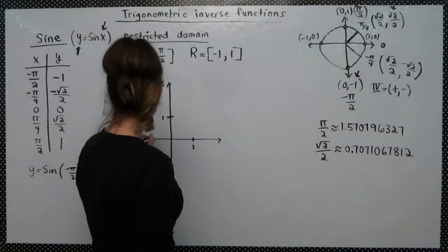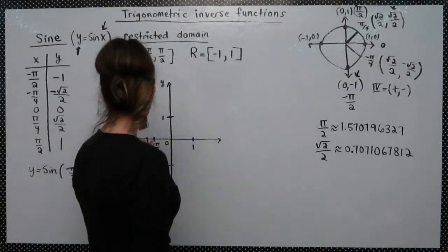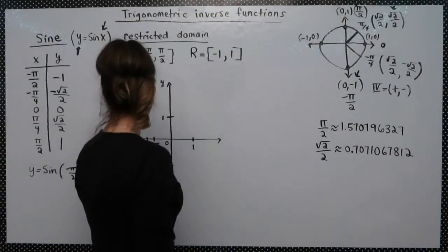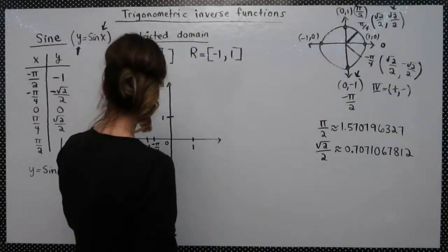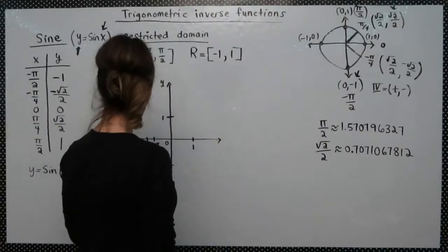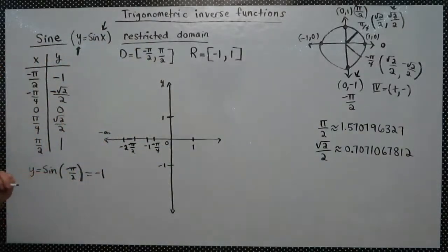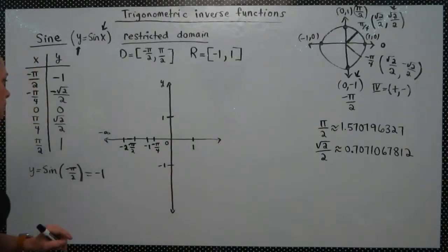So we're just going to put pi over 4 right in here. Negative pi over 4. And then we have our 0 point. And then we'll skip that one over just a little bit. Okay, that looks better. And then I'm going to go over here on the other side, the positive realm, and put these other points in.